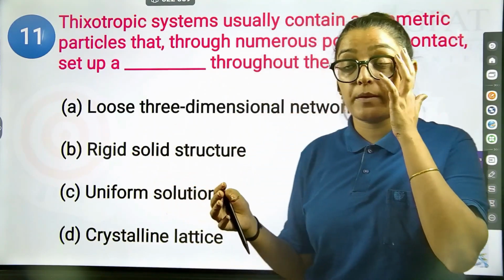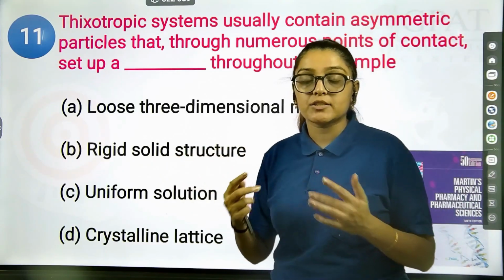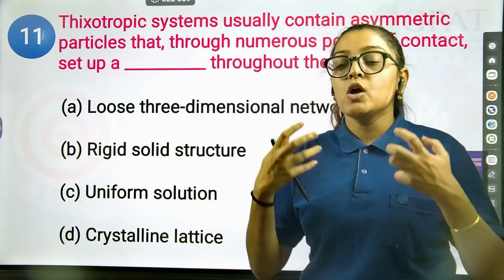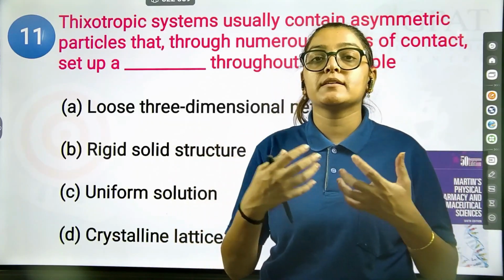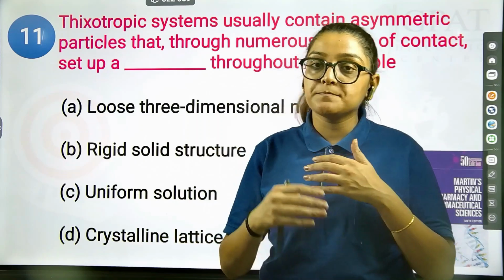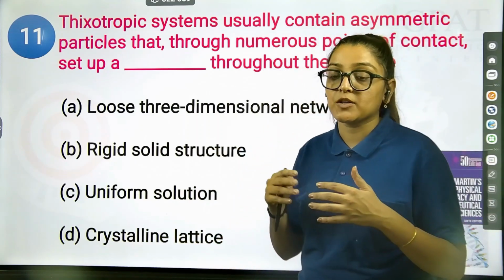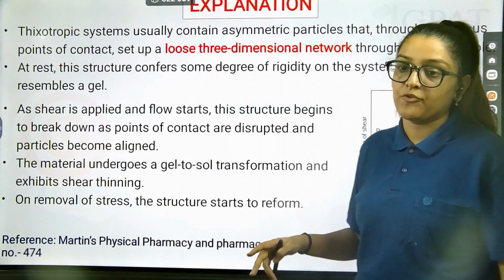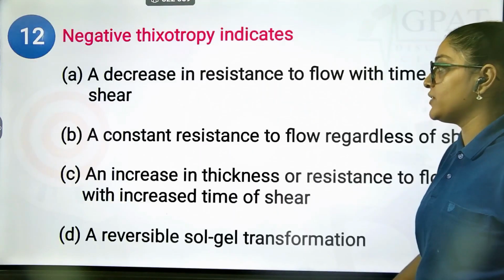That is thixotropic behavior. If you had a rigid structure, how would it be possible to interconvert? There must be a loose three-dimensional structure, after which they come back to the original state. There is a rebuilding of structure happening. It is only possible when we have a loose three-dimensional structure. If you apply basic thinking, this would be very correct.